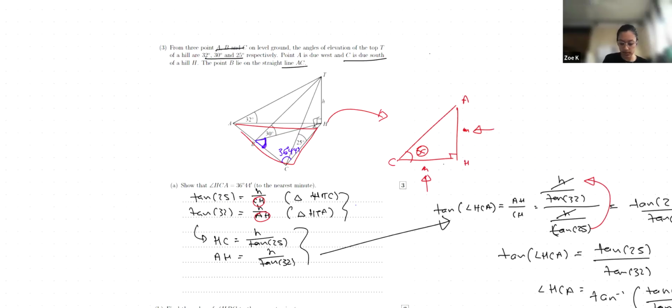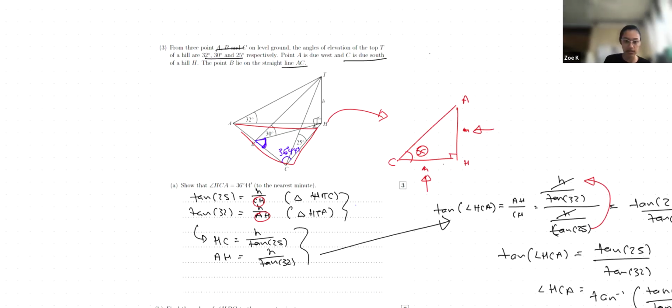I think I would use sine rule. So first I'd find BH using triangle TBH. So BH is, tan 30 is H over BH. So BH is H over tan 30.